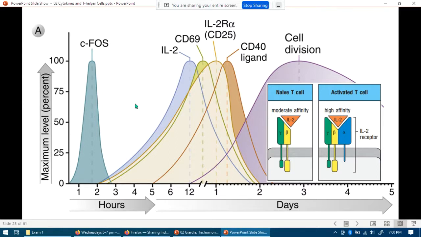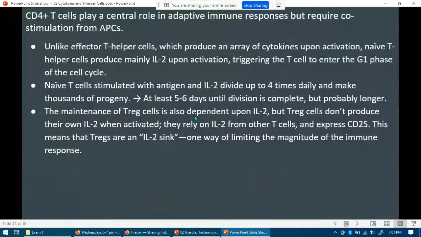So when a T cell is activated, it rapidly produces a transcription factor called FOS, and then it begins making IL-2, which peaks after about 12 hours, makes the IL-2 receptor at about 1 day, and it makes CD40 ligand at about a day and a half, and then you finally get cell division around day 2 to 3. Okay? So I just think this figure is interesting. There's honestly nothing really important to take away from it in addition.